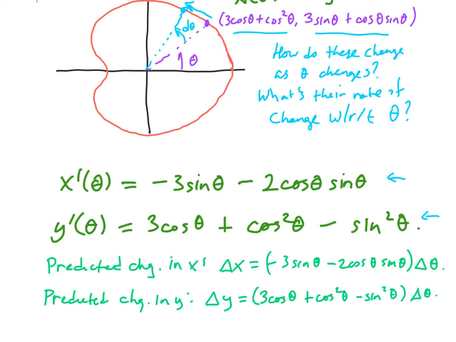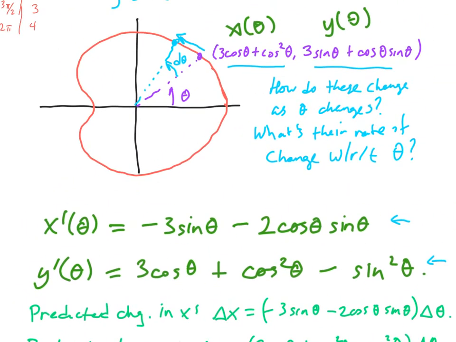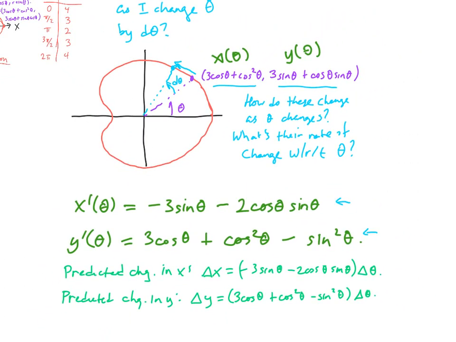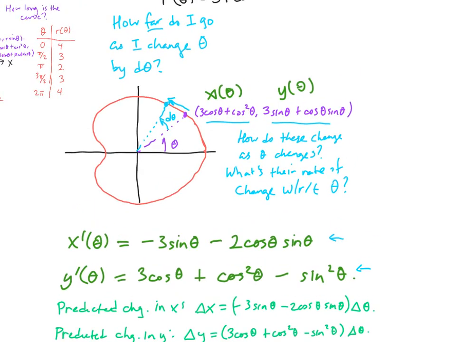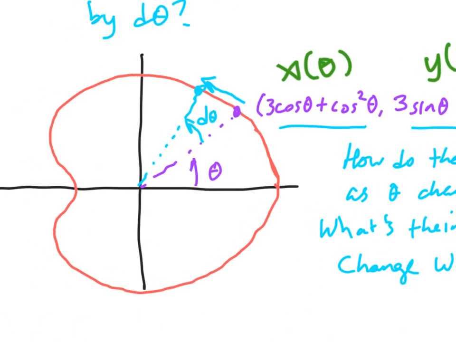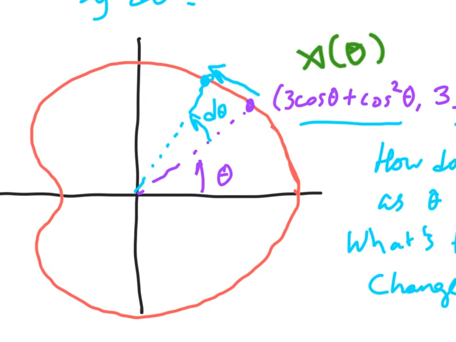delta theta. All right, so what does that mean about the distance that I've moved? I want to zoom in quite a bit because I want to show you something. The distance I've moved can be thought of as the hypotenuse of a right triangle.